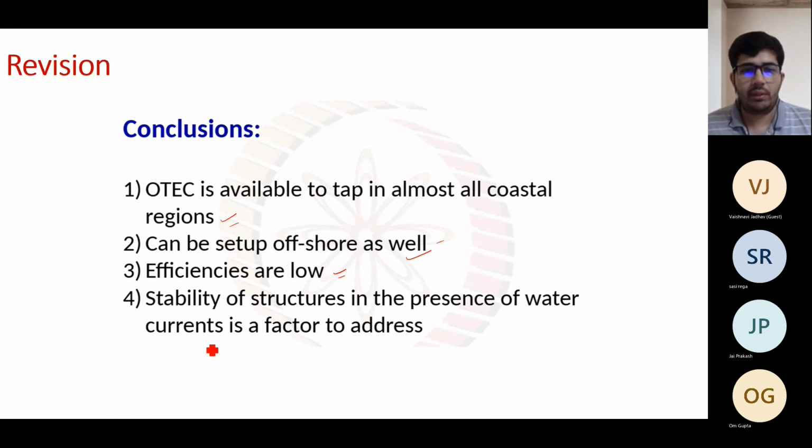Stability of structures in the presence of water currents is a factor to address. When water currents are there, there will be high pressure or impact of water waves also, so the stability of the structure is difficult to maintain. Whenever we are designing this type of structure, we have to consider these factors and give more concern to them.